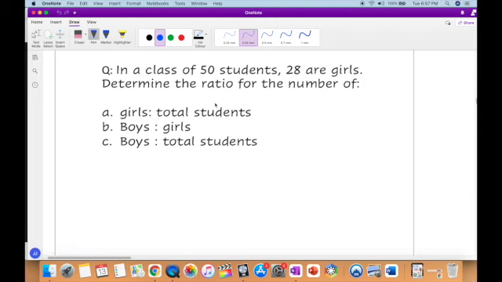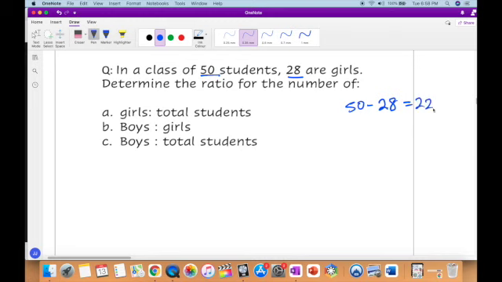So in a class of 50 students, so 50 is the total, right? 28 are girls, right? So I'm not even going to read the rest of the question, right? So 50 students minus the amount of girls, 28. So that means that 50 minus 28 is 22.